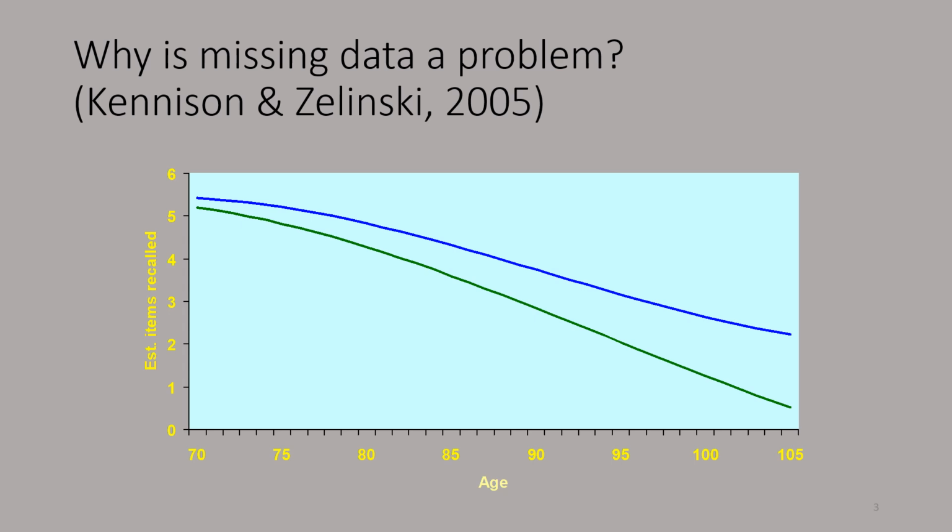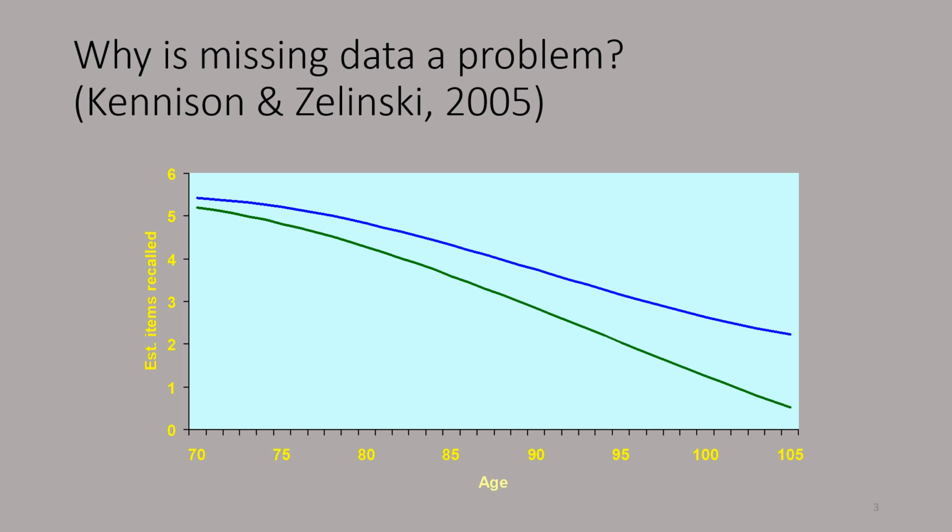And what we see is that the participants that provided full data on all testing occasions are represented by the blue line. The green line is essentially taking those participants and adding back participants that had partial data, whereby we estimated through a process called multiple imputation the values that were missing.